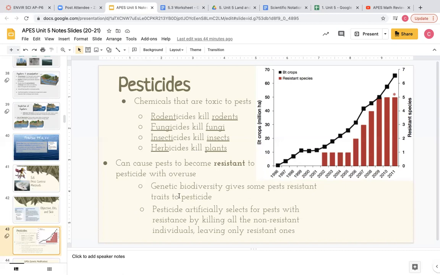And over time, you keep using Roundup and you've killed off all of the plants that are able to be killed by Roundup. And eventually, you're only going to be left with these resistant weeds, the weeds that won't be killed by Roundup. So now you've kind of created a bigger problem because these weeds are going to keep growing and spreading, and you can't kill them with Roundup because they're resistant now.